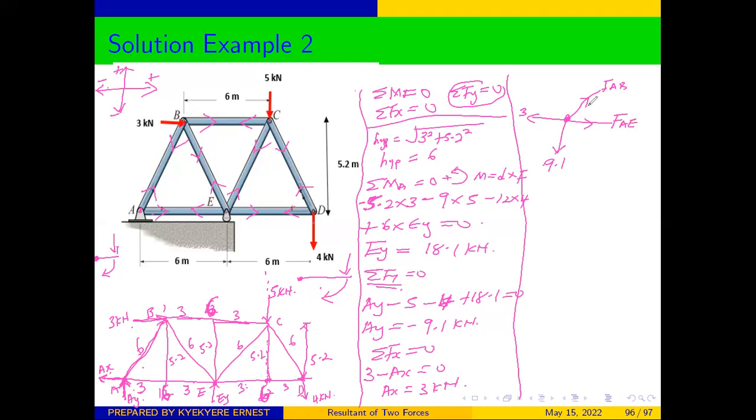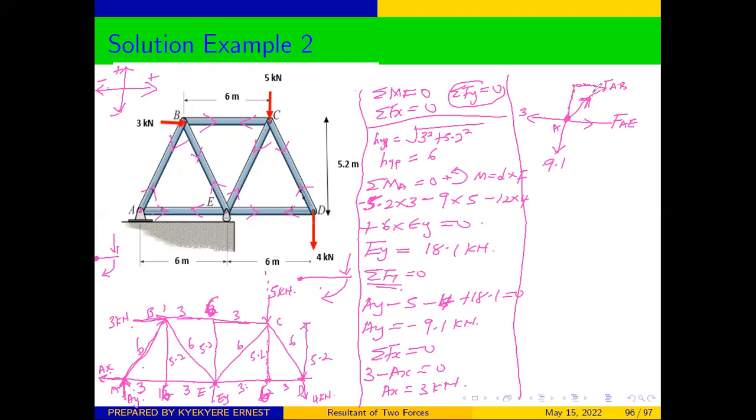Anytime you get forces like this, this one is in the x, this one is in the x, and this is in the y. But this force AB is not in the x or in the y, and therefore you need to resolve that force into x and y. How do we do that? We just complete it to form a rectangle. If you want to move from point A to point B, it means that we are going to move up like this.